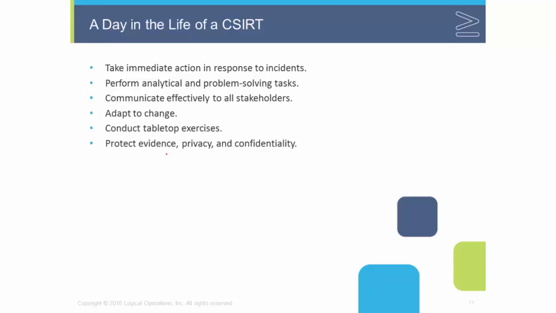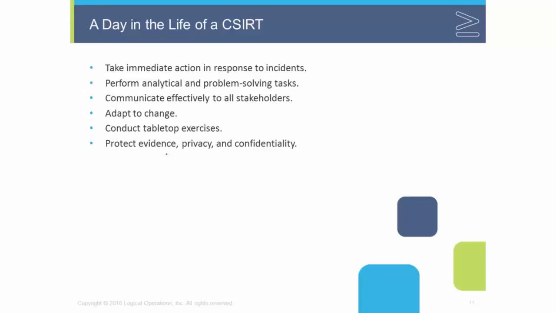And a key factor here that we want to consider is that while one of the primary functions of the CSIRT is to restore service, another function is going to be to capture and successfully collect evidence in such a way that it may potentially be used in a legal action, perhaps criminal, perhaps a lawsuit, a civil action.